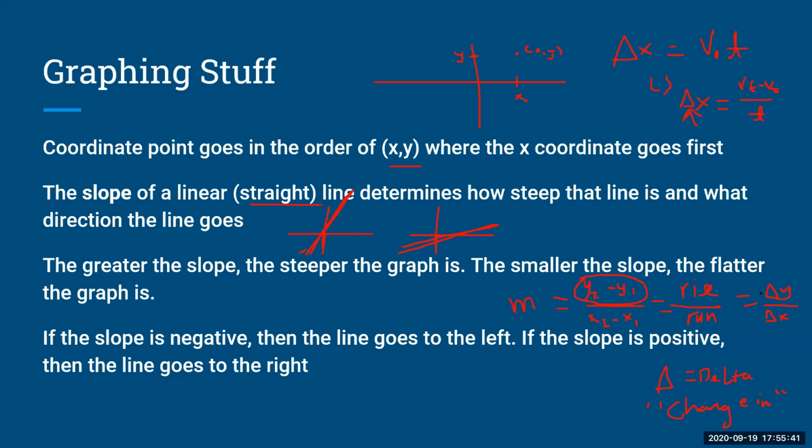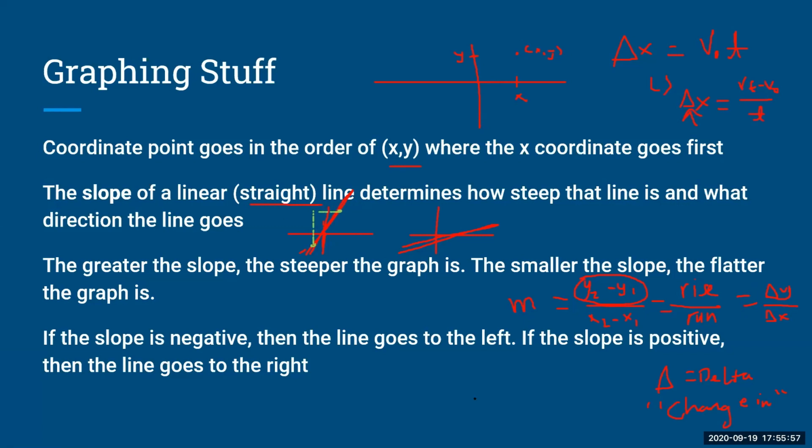Rise over run is the change in vertical distance divided by the change in horizontal distance.